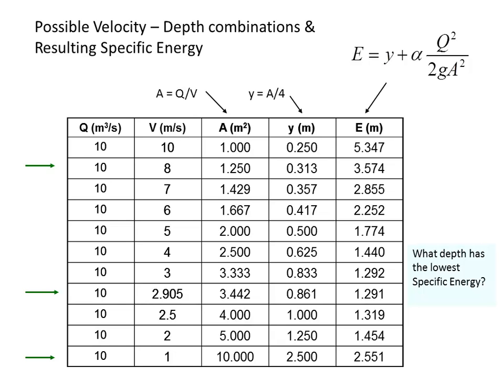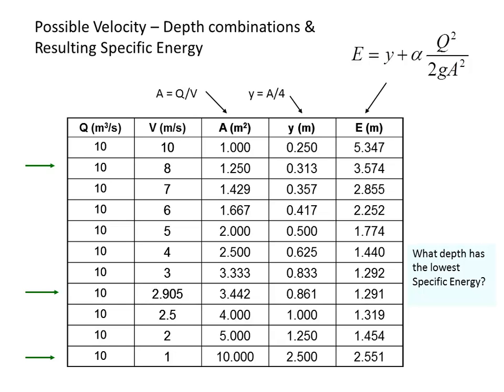And if you think about the definition of the word efficiency, something that's highly efficient is something that can do its work with a little amount of energy. And so all of these are different energy levels for conveying 10 cubic meters per second. But this one, it's the least specific energy associated with conveying the same 10 cubic meters per second.